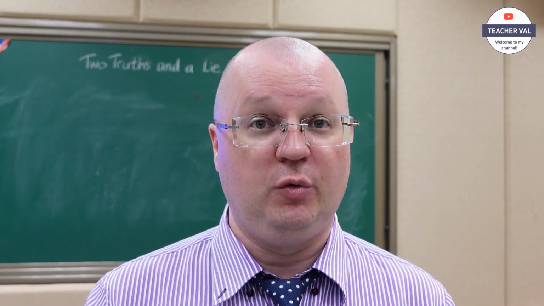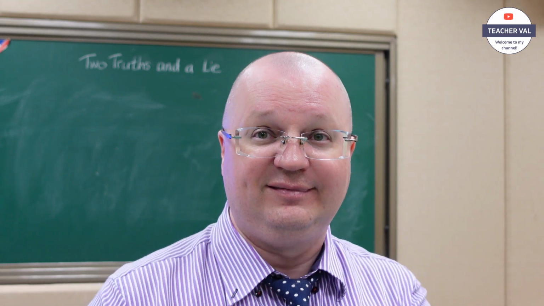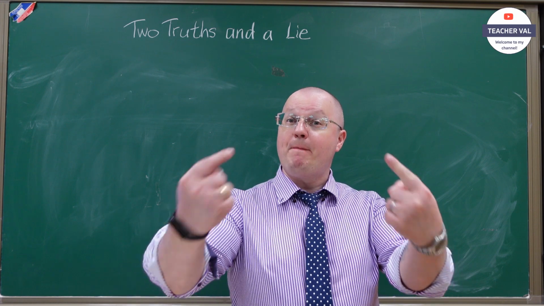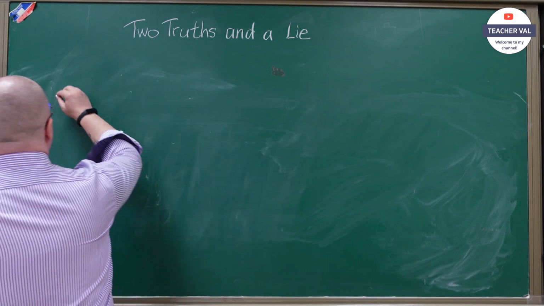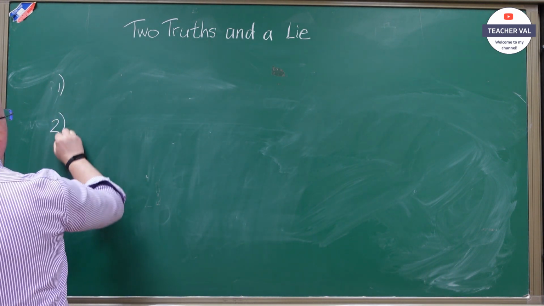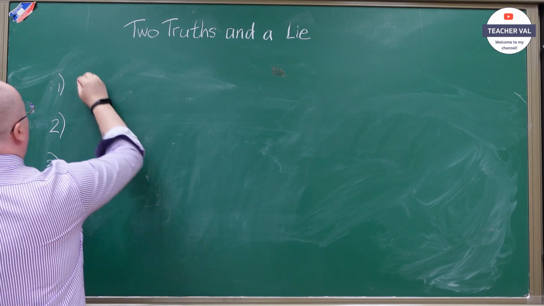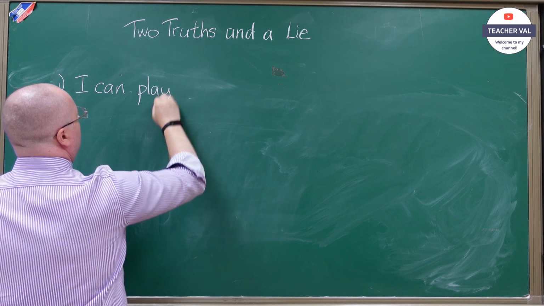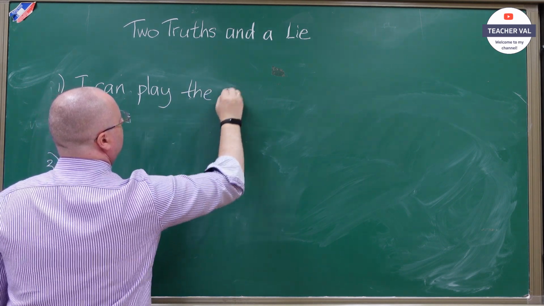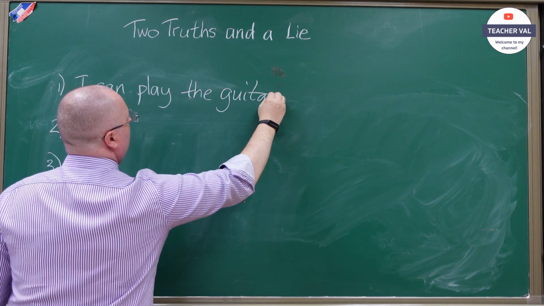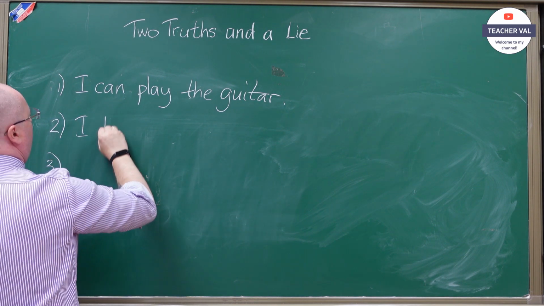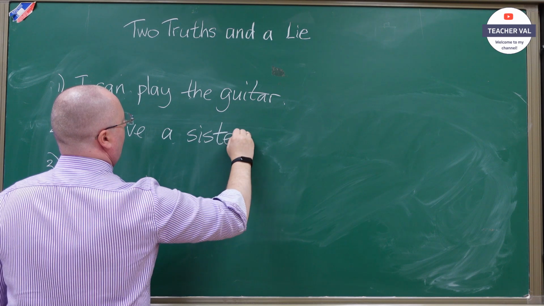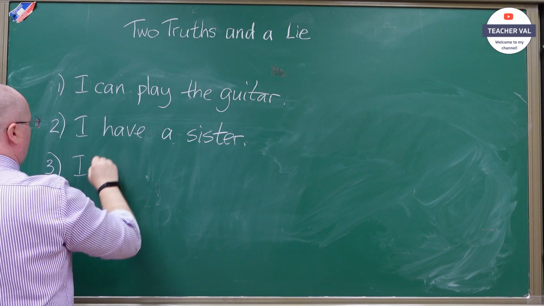Let me show you an example. All right, so let me write 3 statements about myself. Here we go. 1, 2, and 3. 1. I can play the guitar. 2. I have a sister. 3.